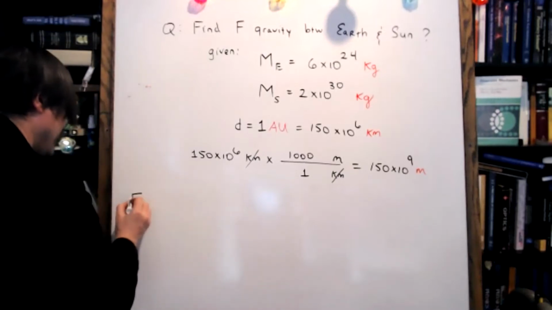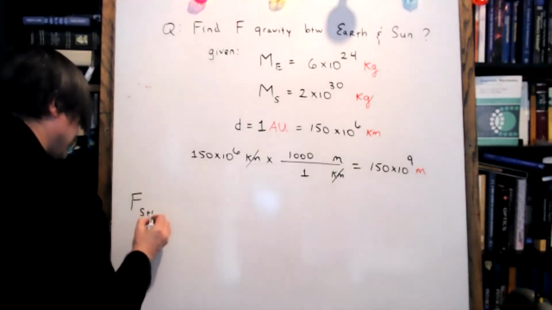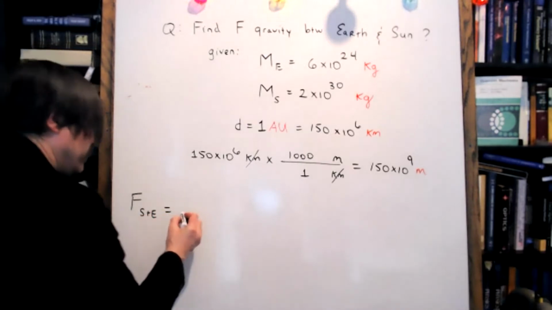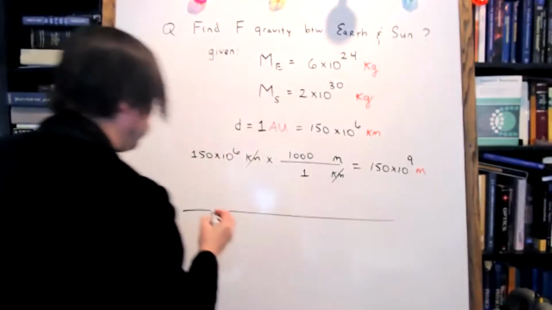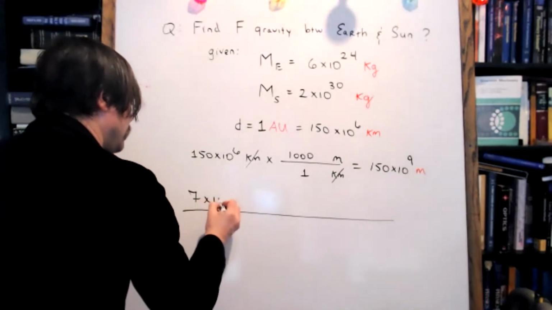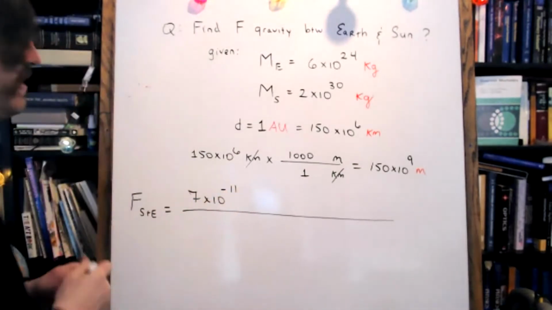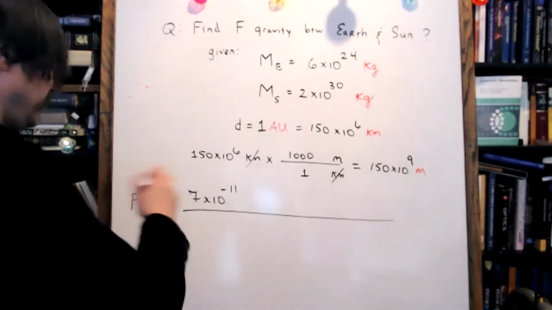Let's set it up. The force of gravity between the sun and the earth is equal to, big old division bar, 7 times 10 to the minus 11, because big G is always the same.